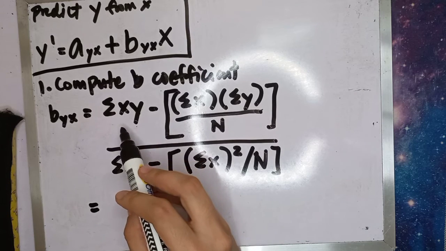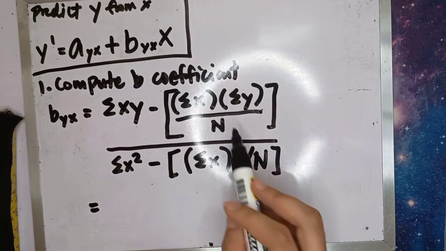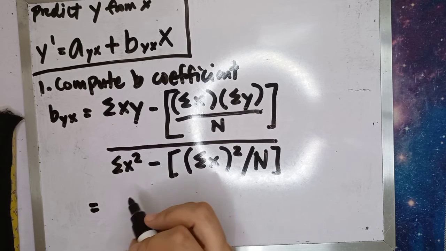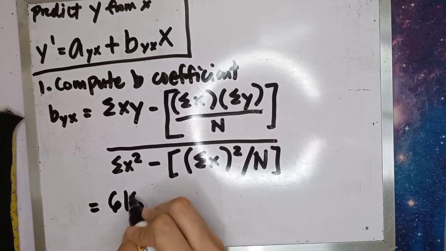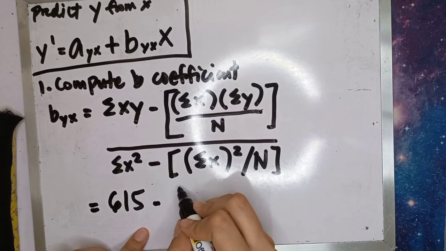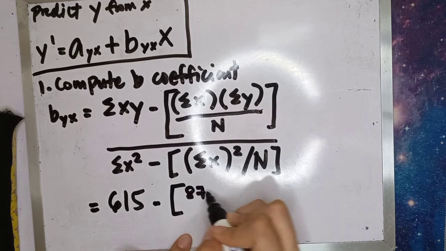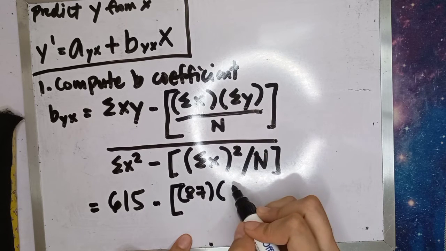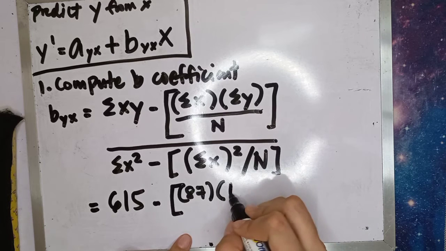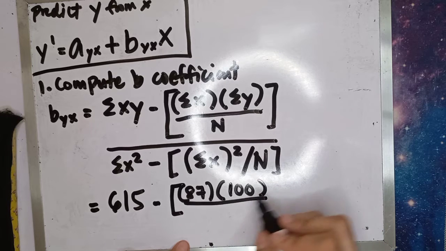So, if we get all the values nitong mga labels na to. So, summation of xy, 615. Okay, summation of x natin ay 87. Summation of y natin ay 100 over ang n natin ay 15.